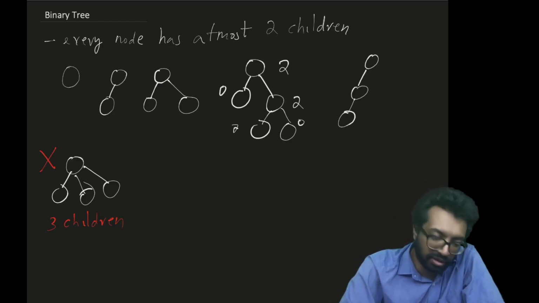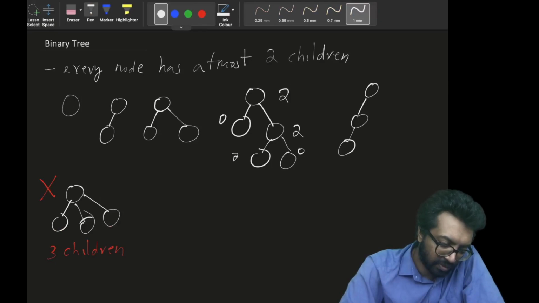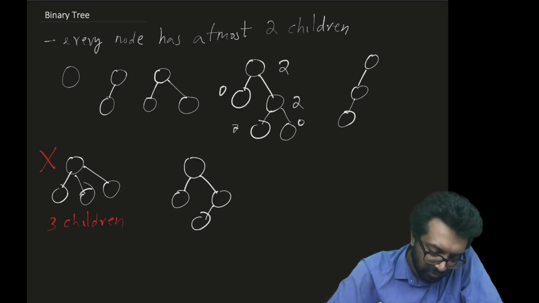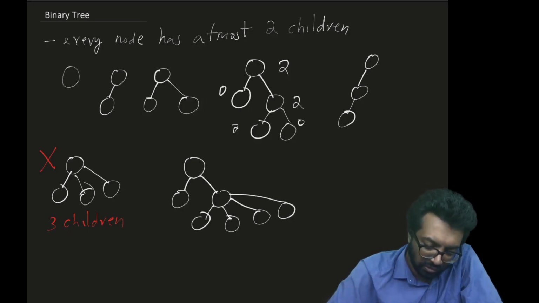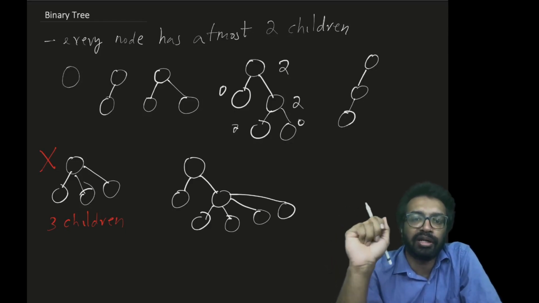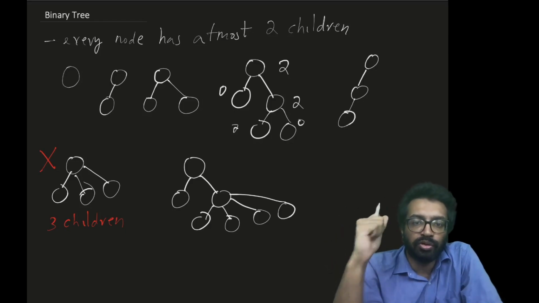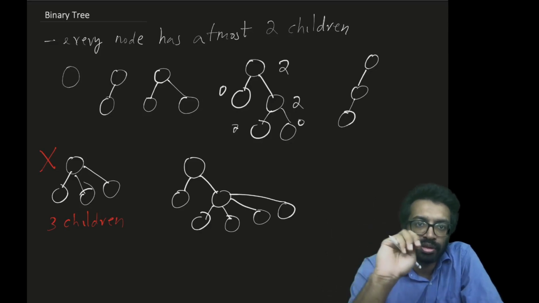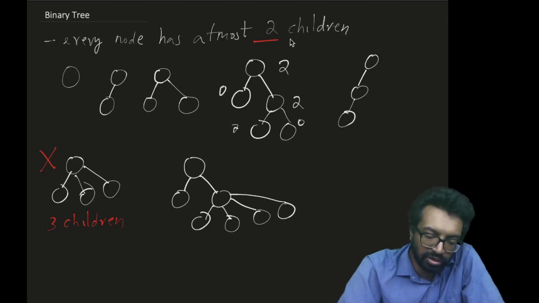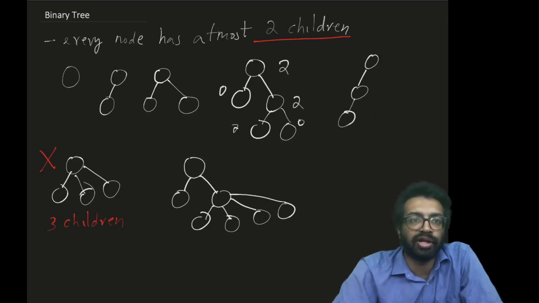Now let's look at another tree. Again, this is also not a binary tree because there's one node which has four children. Okay. So the crucial fact is that every node has to have at most two children. This is the most important property of a binary tree.